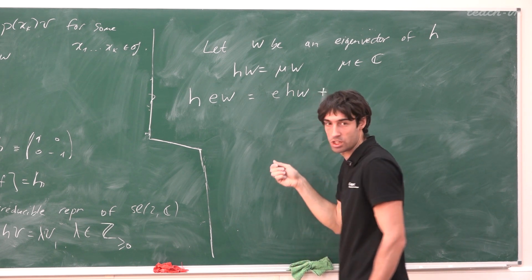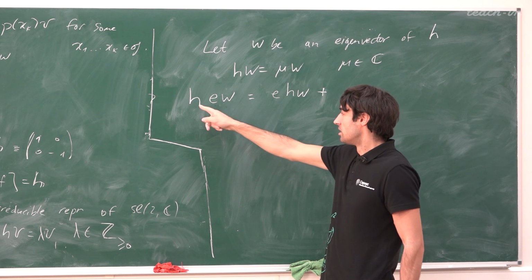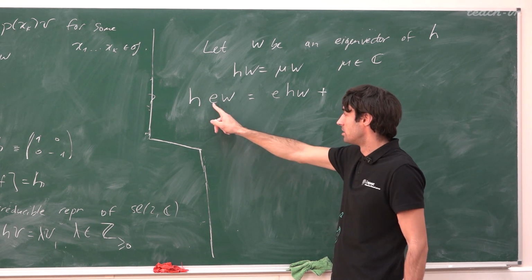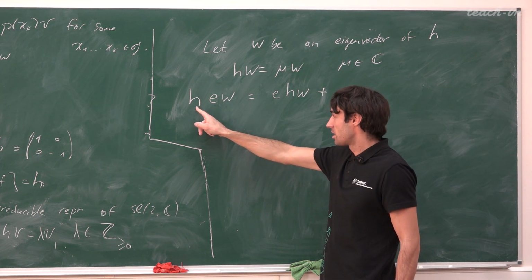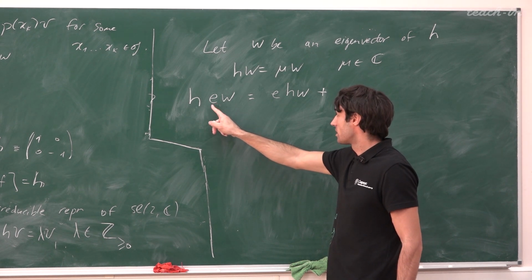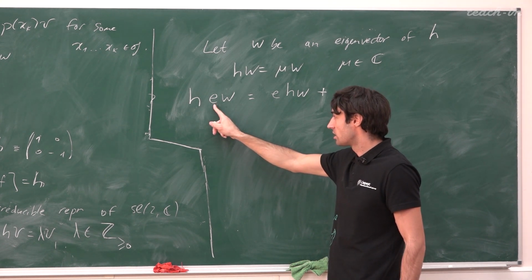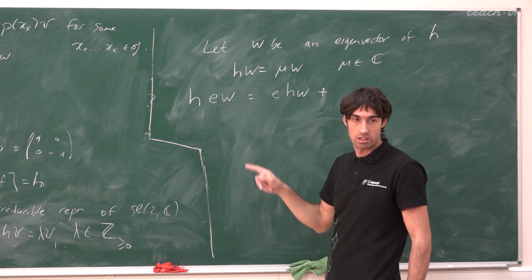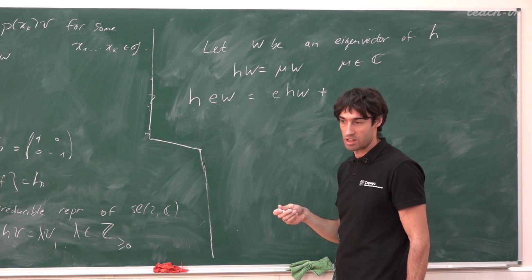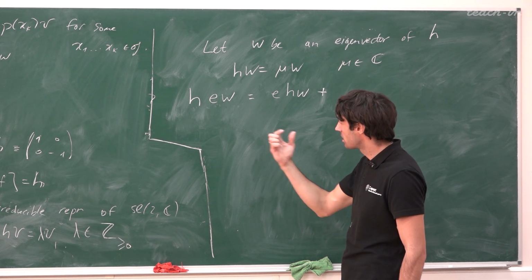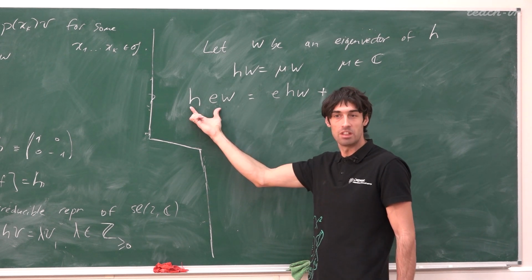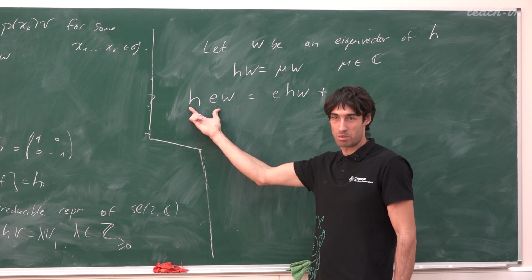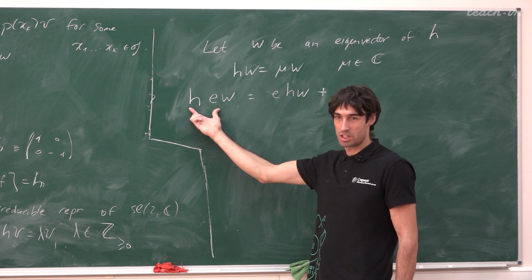Since it's a representation. This is just a linear operator I apply, and then I apply H to the result. So far it's just some technicality, but we don't know what H times E is, because we don't know what the multiplication in the algebra is.